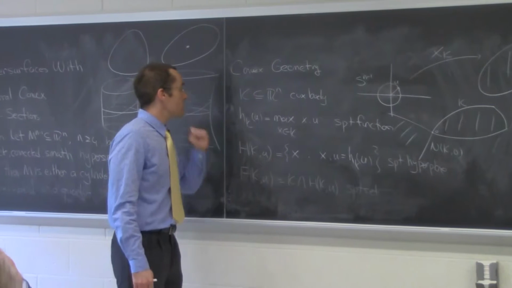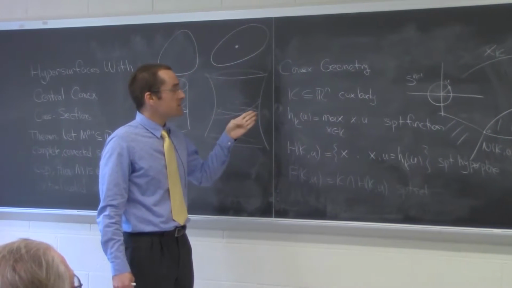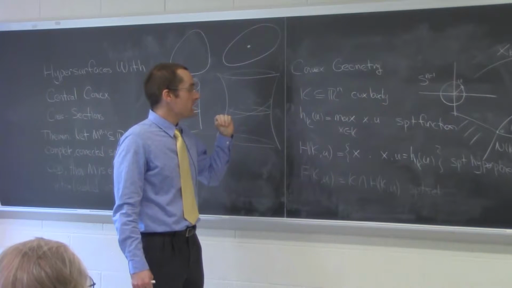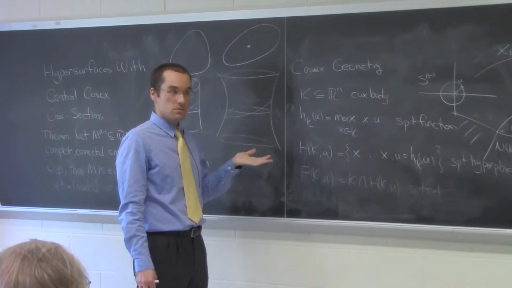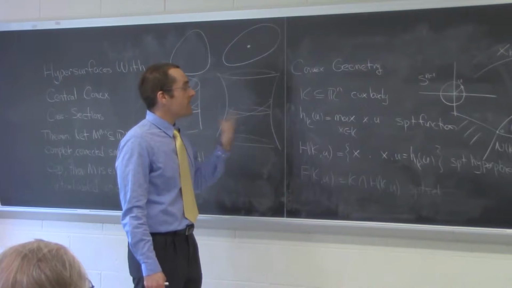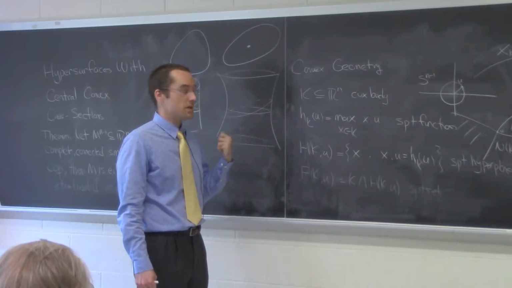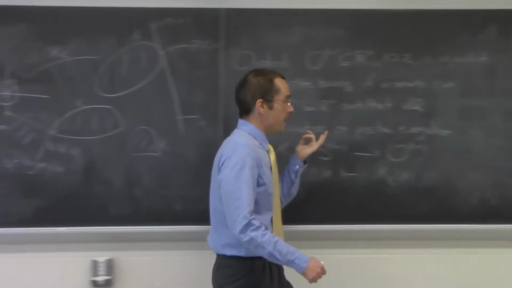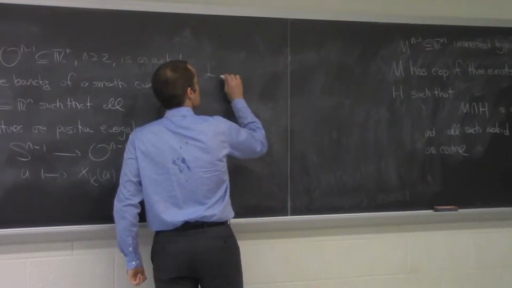And this is where we're going to be using the support function. The support function has some nice properties. For example, it uniquely determines the body that it supports. And every sublinear function is a support function.